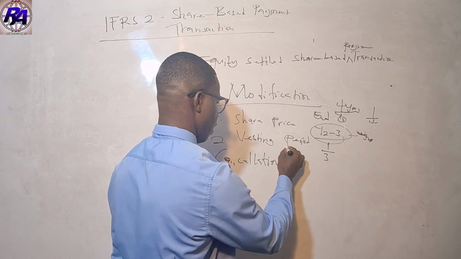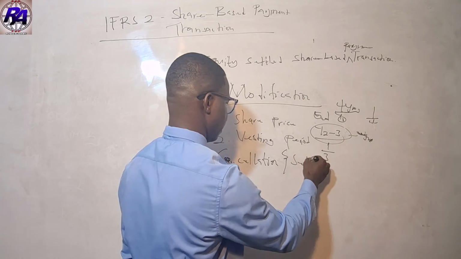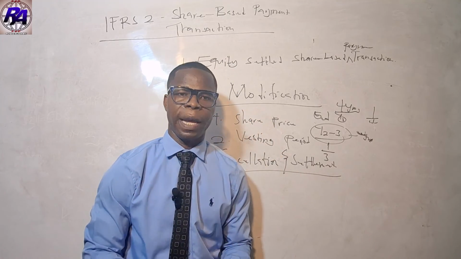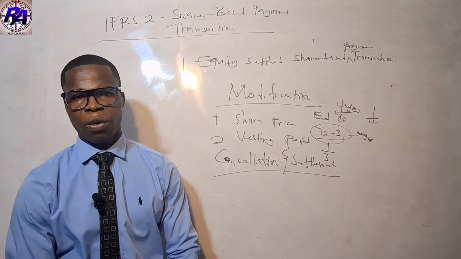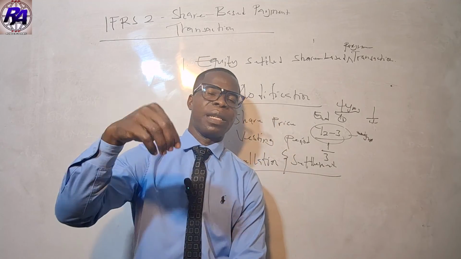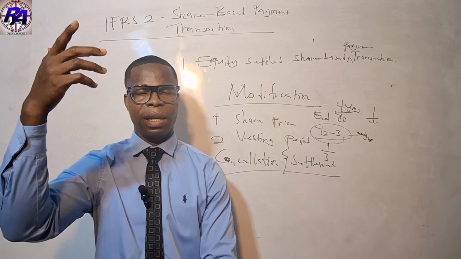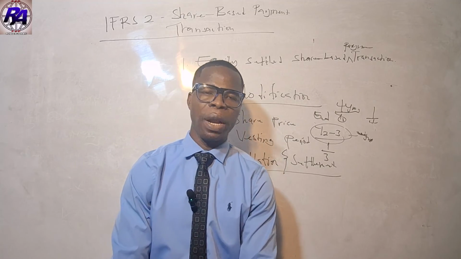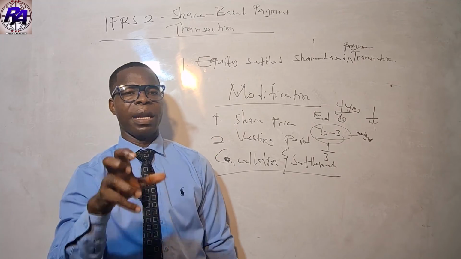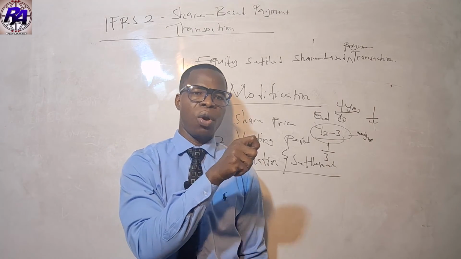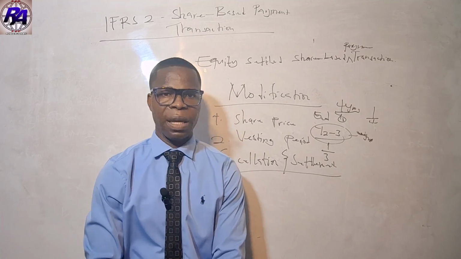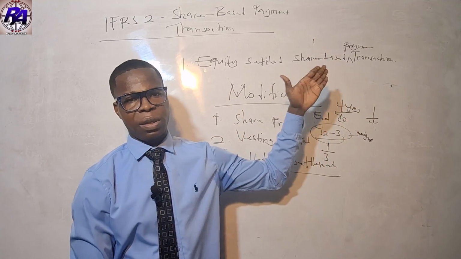Now the last thing is cancellation and settlement. There are some times where the entity may cancel the transaction with the employee or may settle the transaction with the employee, or the share option becomes exercised. When that happens, when they are settling the employee, the entity must reduce all the equity instruments recognized and then pay the employee.